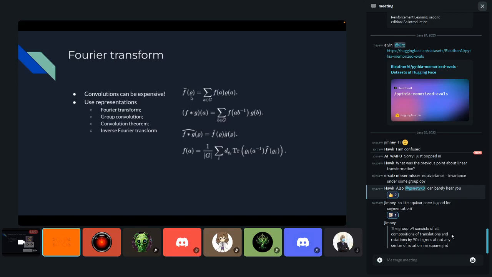If you have a function you want to take a Fourier transform of, you just multiply the value of the function by the representation of a group element for every action, and you sum them up, and you get some matrix. And sometimes you can map back, like for the Fourier transform, we can just use an inverse Fourier transform, which is also defined for groups.